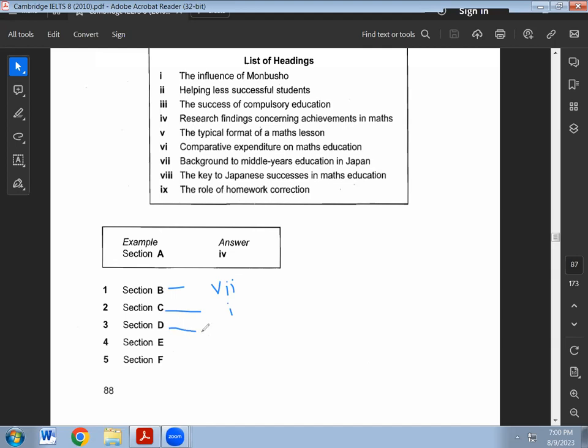For section D, we had selected the typical format of maths lesson, so that is V. Okay, then for the last one, we have selected the key to Japanese success in maths. Now, for section E, we had selected helping less successful students, number 2. Okay, and then the last one, F, we have selected VIII. Okay, so remember, this is our question number 1, 2, 3, and 4.